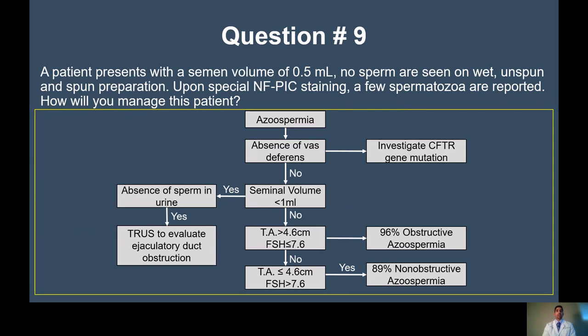So in a patient with azoospermia, after the history and physical exam which determines the presence or absence of a vas deferens, and in this case, this patient did have palpable vas deferens, the next step is to look at the semen volume. In this scenario, the volume is 0.5, which is considered to be low. So the next step would be a post-ejaculatory UA to further assess this patient.